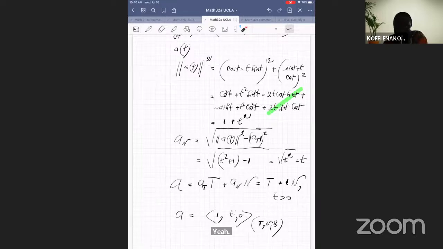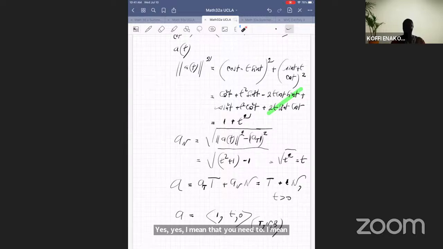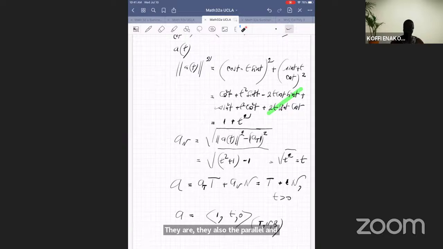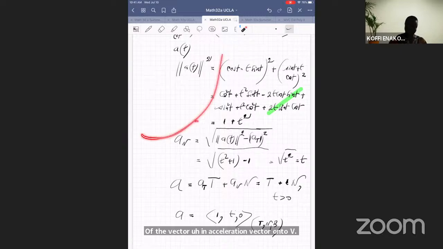Yes, I mean the tangential and normal components. They are the parallel and orthogonal projections of the acceleration vector a onto v. If I have a motion like this, v follows this trajectory, because the unit tangent is directed along the tangent.